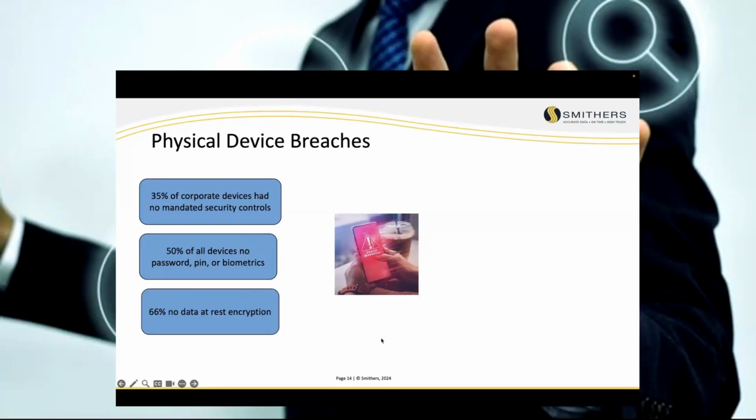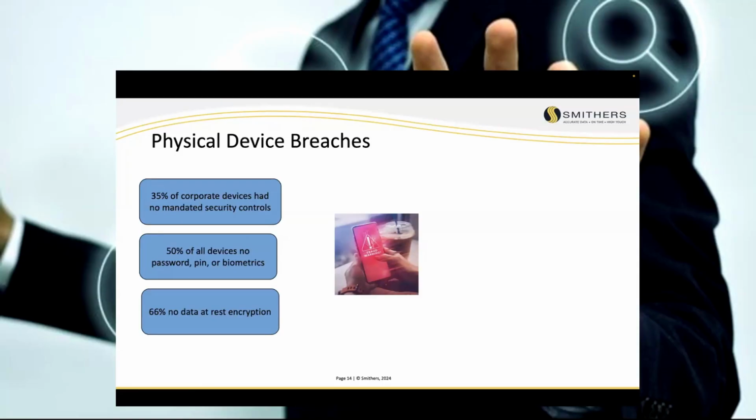More than 2/3 of all the mobile computing devices, again, computers, tablets, and cell phones, out there have no data at rest encryption. Basically meaning that you may have a username and password to get into it, but I don't need to use your username and password. In many cases, all I need to do is pull the hard drive out of the computer.